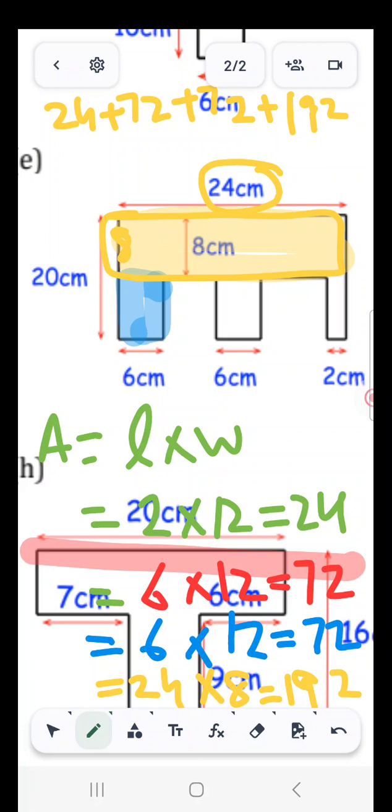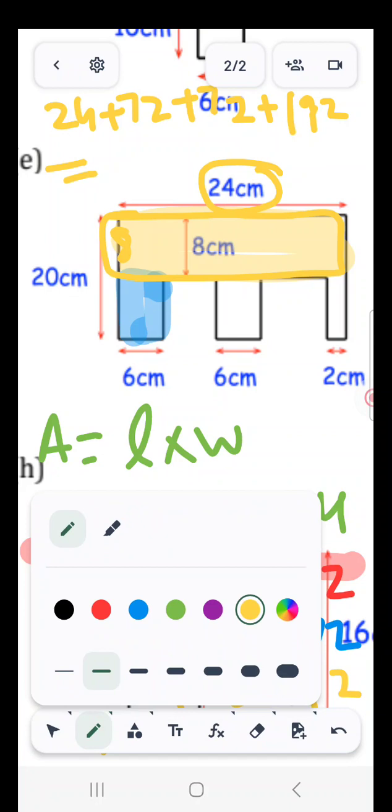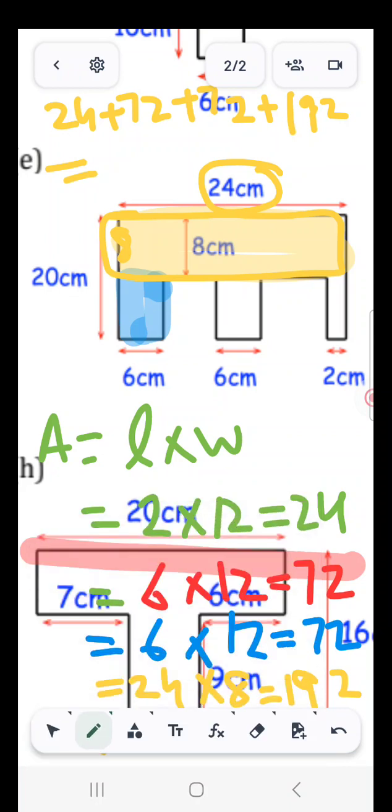If you add them up, you will be getting how much? 4 add 2 is 6, 7, 8, 9, 10. 0 here, 1 in the mind. 2 and 7 is 9, 9 and 7 is 16, and 17, 18.